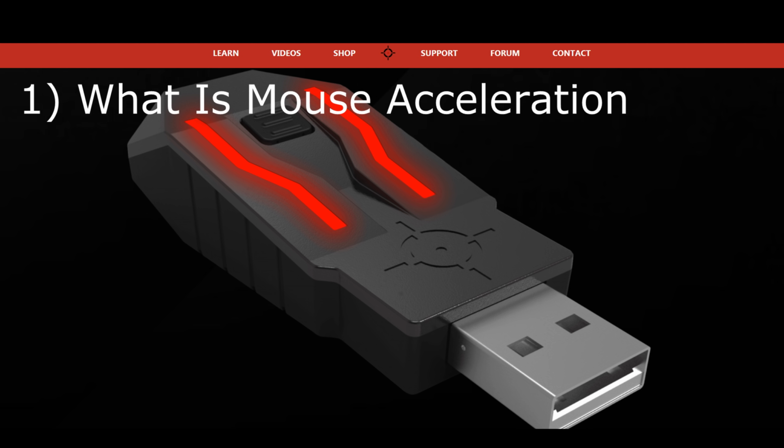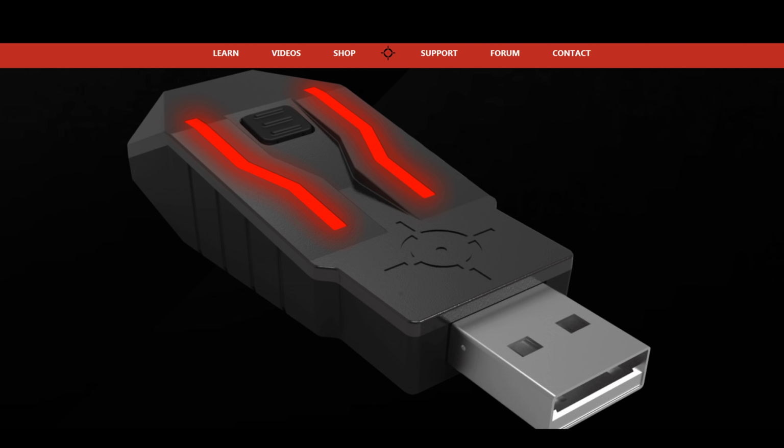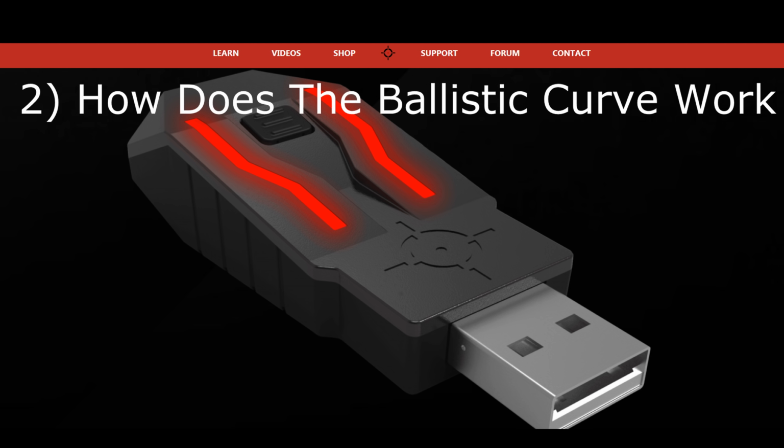In general, there is no more linear scaling, which makes it difficult to build up muscle memory. The whole concept of positive and negative mouse acceleration will be easier to understand when we look at the XIM ballistic curve. So, let's start with the second topic of this video: how does the ballistic curve work?